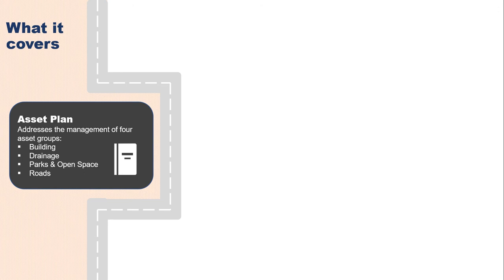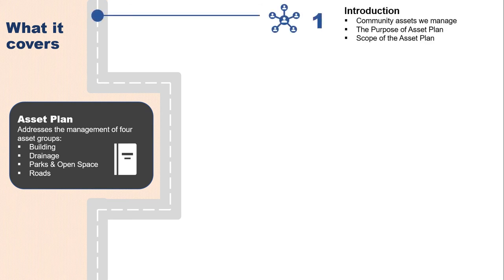Having this perspective in mind, our first iteration of the asset plan covers information about four asset groups, including buildings, drainage, parks and open space, and roads. It provides an introduction of the community assets we manage and the purpose of the asset plan.